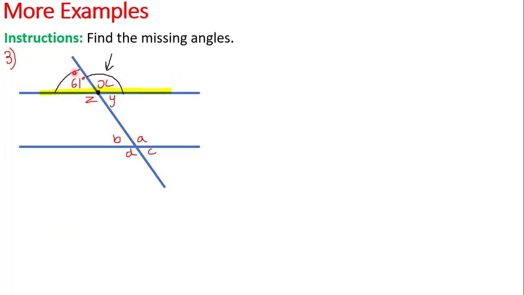So that means that 61 and X should equal 180 degrees. X would be 119 degrees.